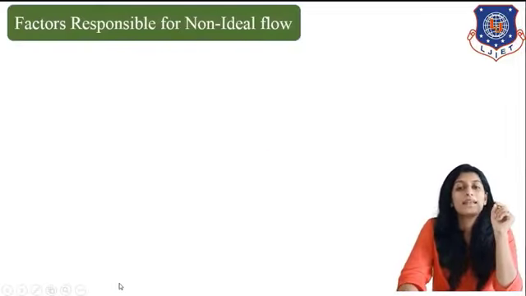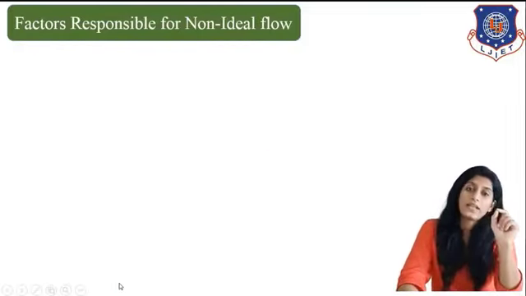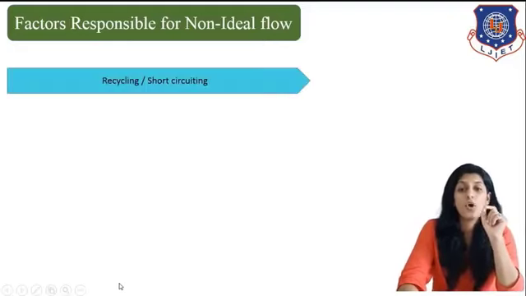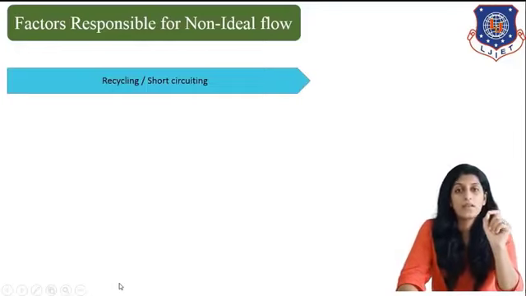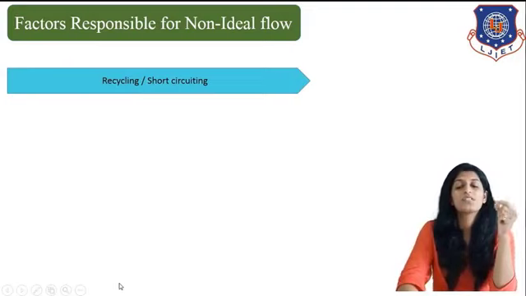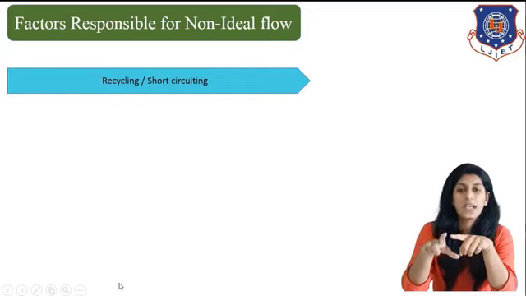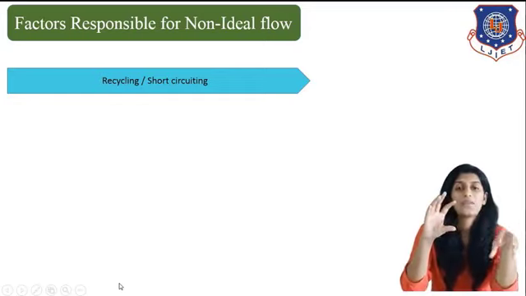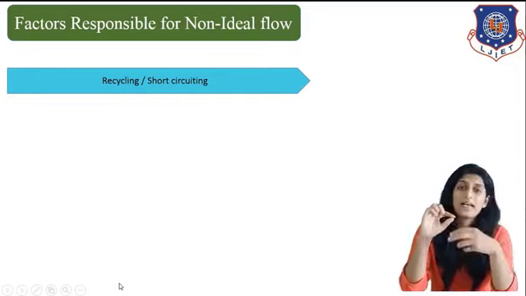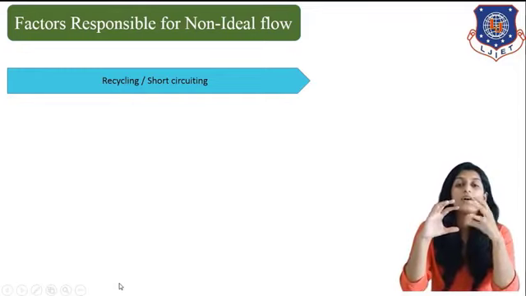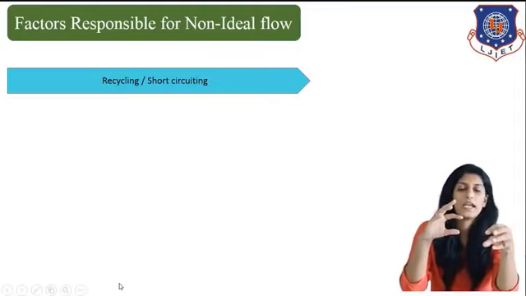Now let us consider the factors which are responsible for non-ideal flow. The first and foremost important factor is either recycling or short circuiting. If there is any kind of recycled stream attached to our reactor, then there is a chance of deviation from ideality, and so a chance of non-ideal flow.